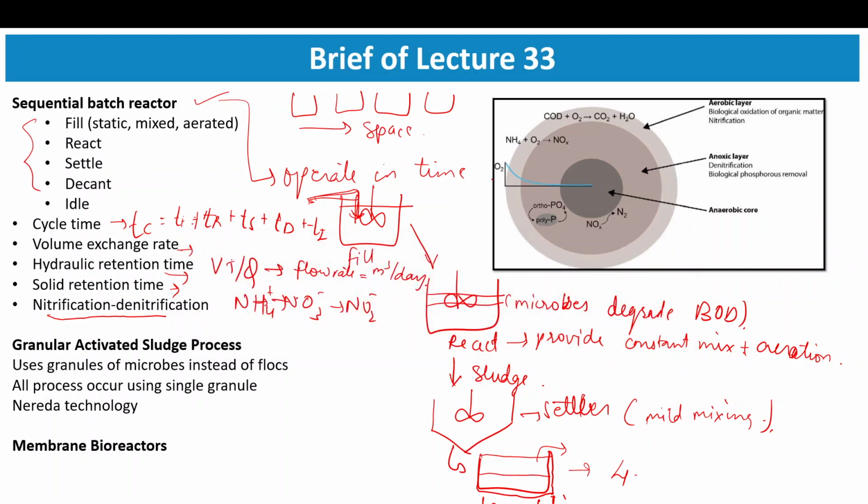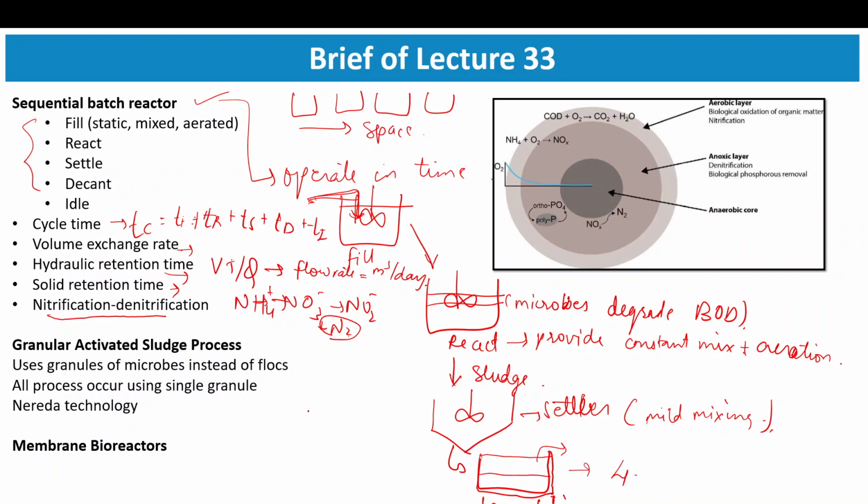And if there is a limited supply of oxygen, then these nitrites or nitrates degrade further into N2. This is denitrification. So this is all about the sequencing batch reactor.